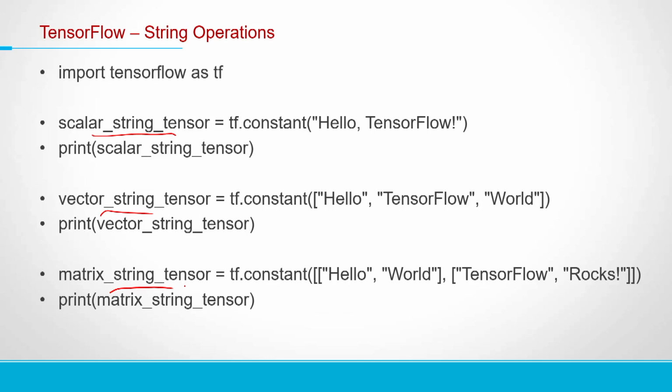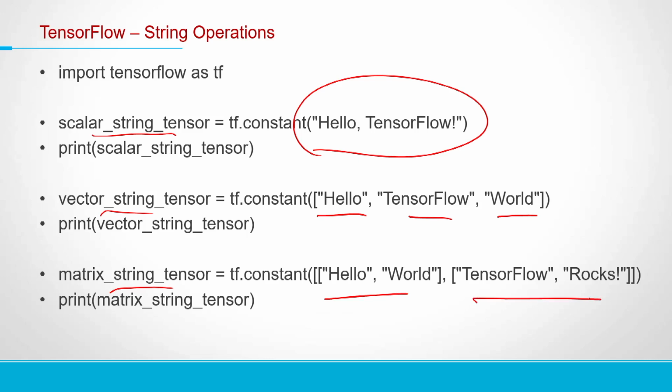I supply the values to the constant: for the scalar, one single value is given to tf.constant, and in the subsequent examples I have given three words in a single dimension array, which is a vector representation of the tensor, and in the matrix format I have used a 2 by 2 matrix. The initial values are supplied to the matrix: hello is one word, world is another word, TensorFlow rocks.